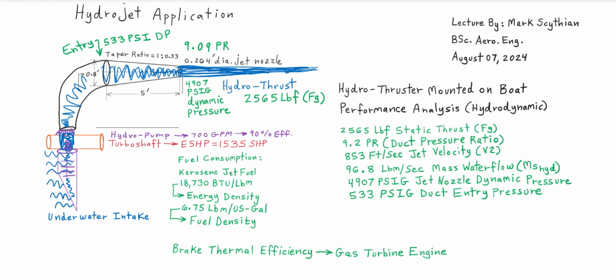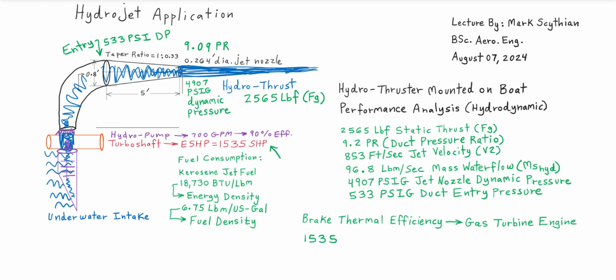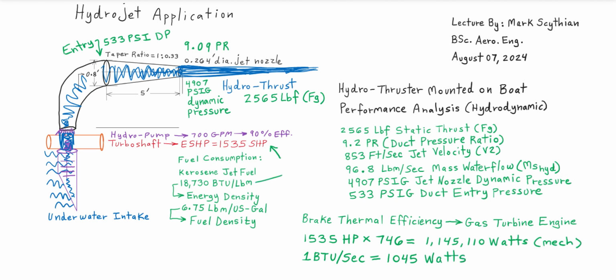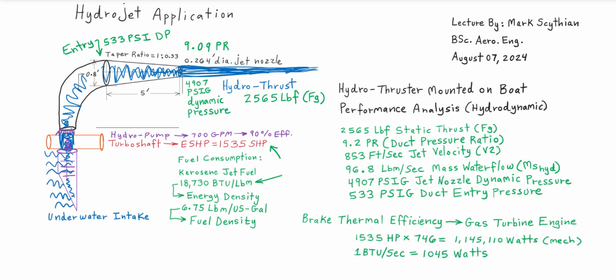So we can multiply the shaft horsepower output times 746 to compute the mechanical watts. We know 1 BTU per second is also equal to 1056 watts.